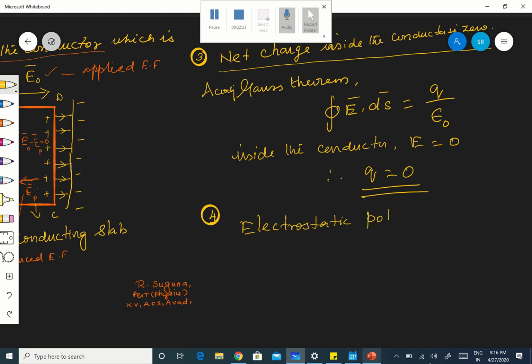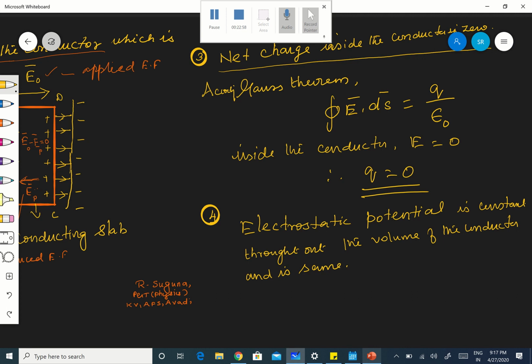Electrostatic potential is constant throughout the volume of the conductor, and has the same value as on its surface.